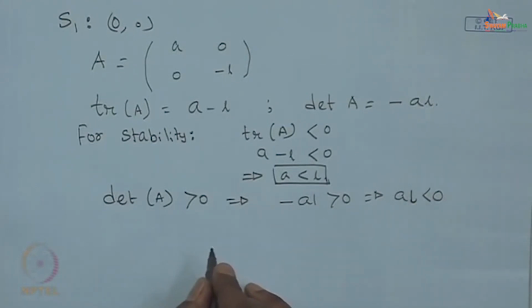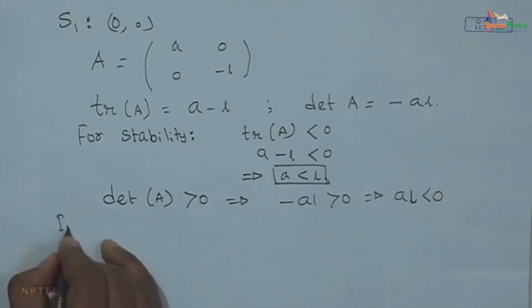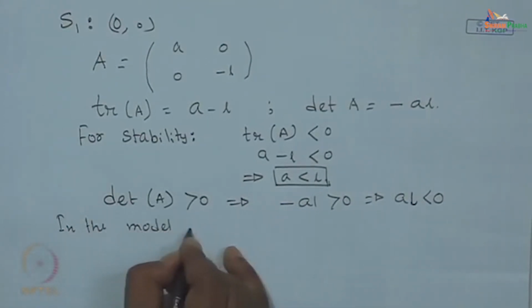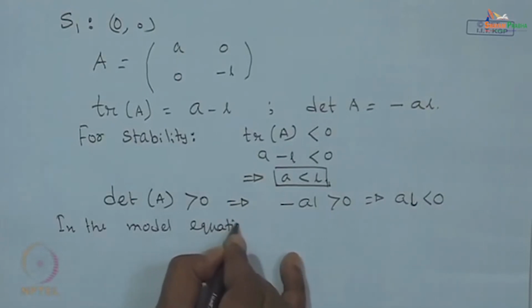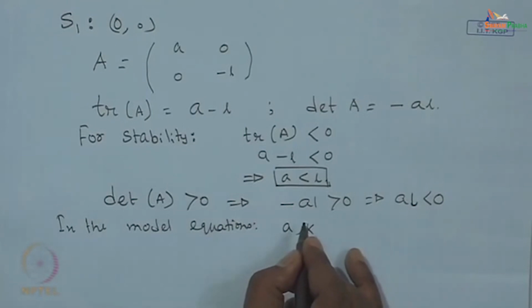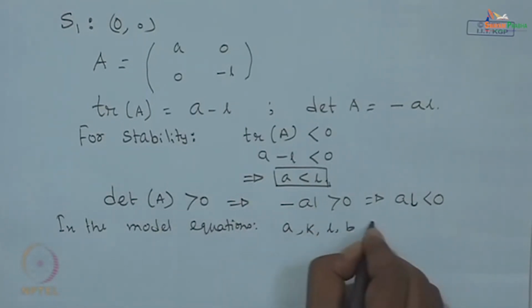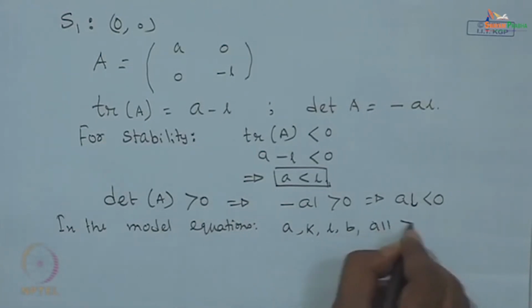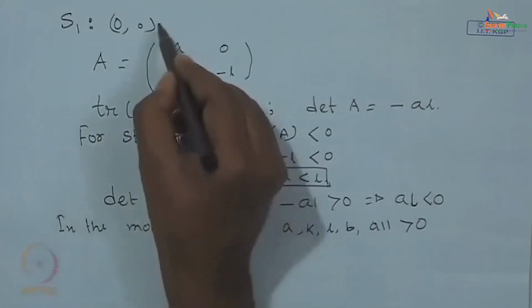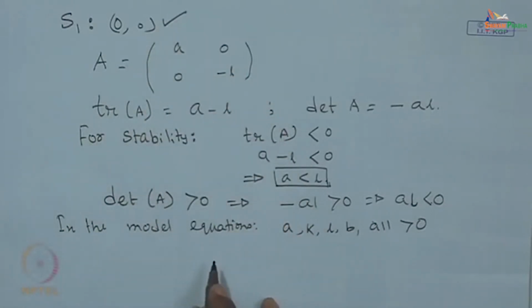Now, if you look at the model equation, the constants that appear, a, k, l and b, all are positive constants. So, multiplication of two positive constants cannot be negative. Therefore, this steady state cannot be a stable steady state.